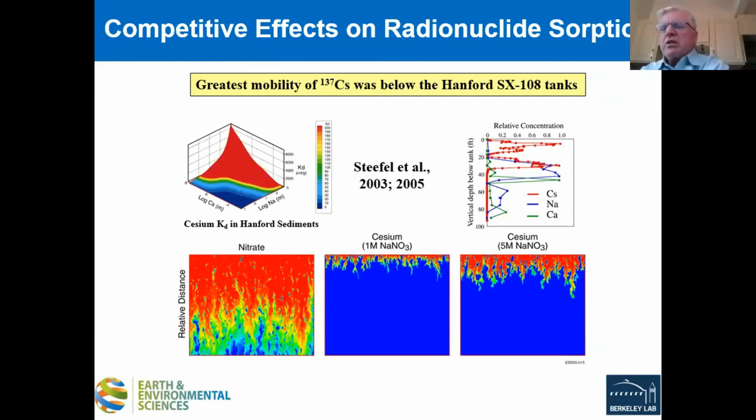The good thing here is that, and this will be told to DOE, I don't know that they believe this, but we saved DOE $100 million to $200 million in cleanup fees, because we basically said, if you no longer have that high concentration sodium nitrate pulse leaking from the tank, and you go back to more normal groundwater, soil water, you're basically not going to move that cesium any further because it's stuck on those frayed edge sites. In other words, if you don't have that 5 to 10 molar sodium nitrate, you're not going to have a cesium migration problem significantly. Next slide.